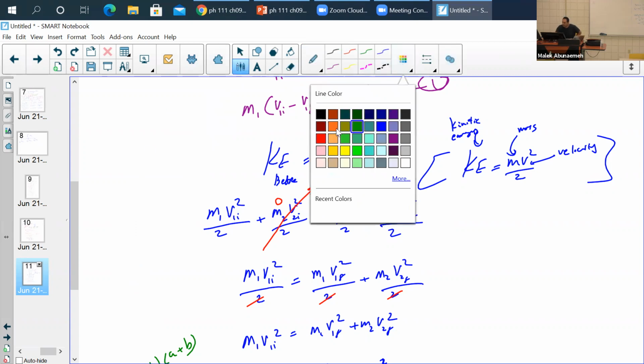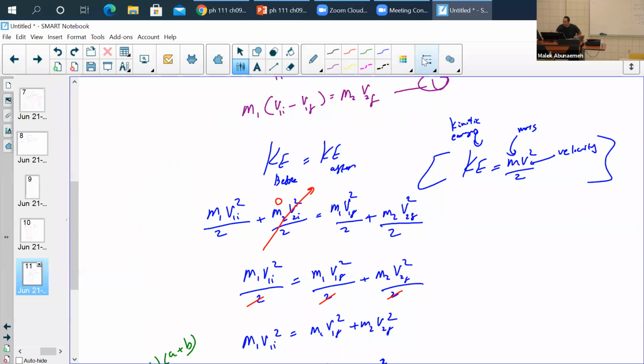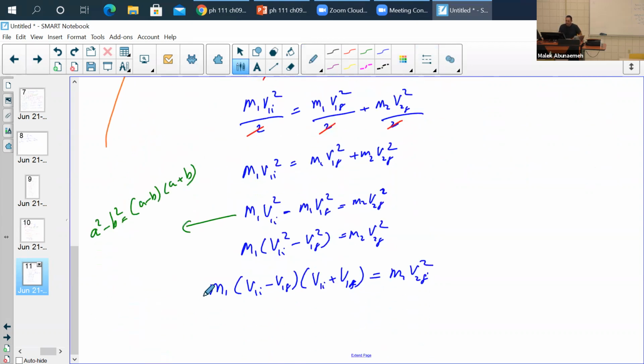Let me go ahead and get orange, my safe color. We're going to take this and substitute it right over there.